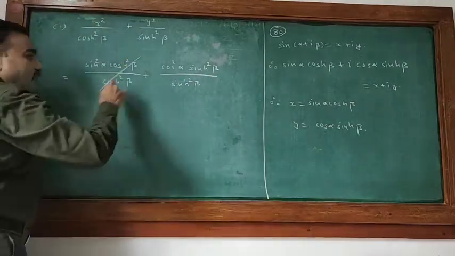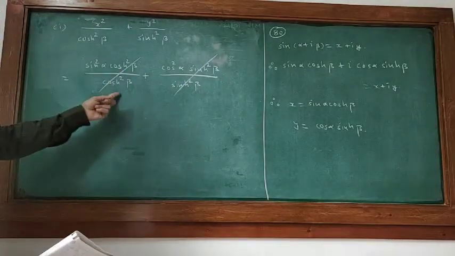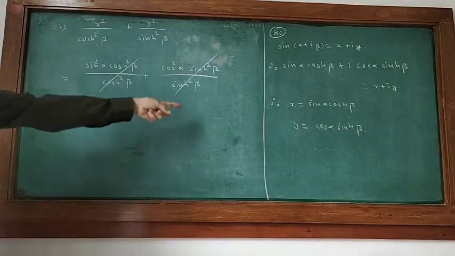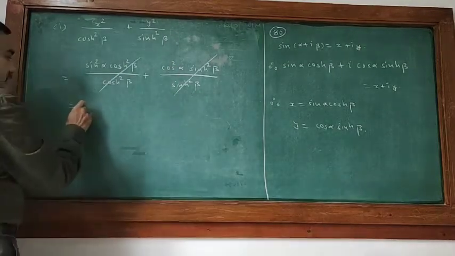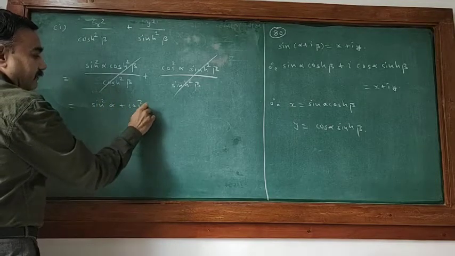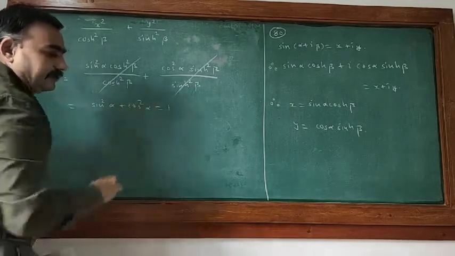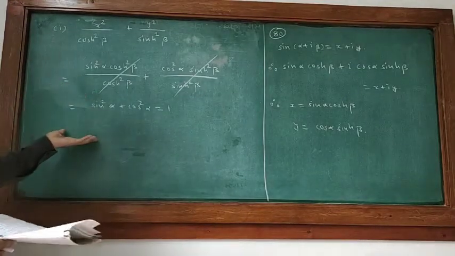Now we can cancel out cos hyperbolic square beta and sin hyperbolic square beta. So we have sin square alpha plus cos square alpha, and that is equal to 1.